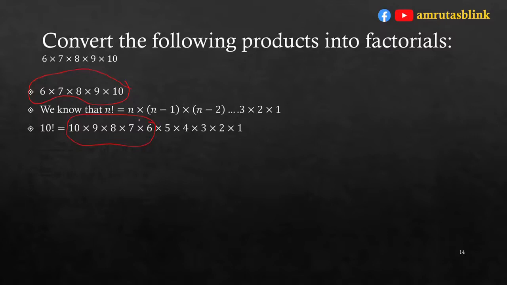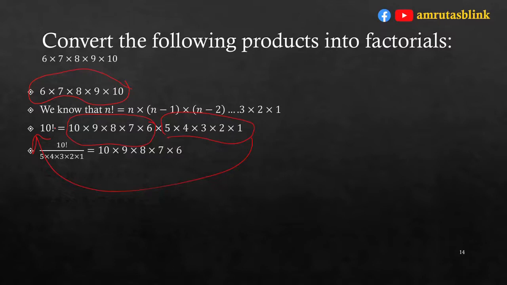Now can we send this remaining part to the right hand side? Yes, we can send. So we get 10 factorial upon 5 into 4 into 3 into 2 into 1 is equal to 10 into 9 into 8 into 7 into 6. That means we have got what is asked in the question.